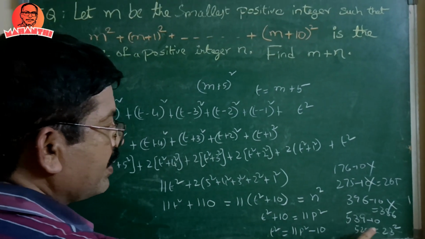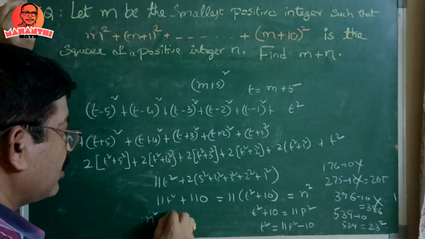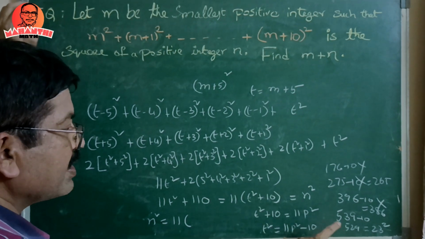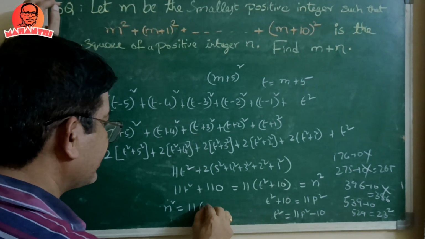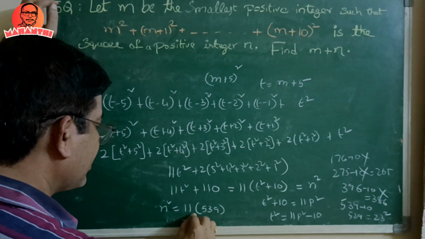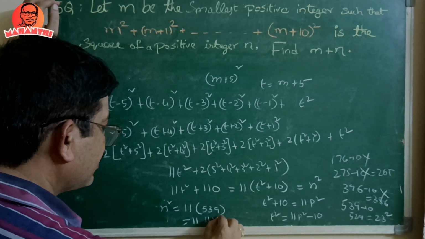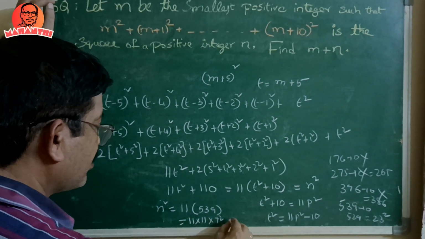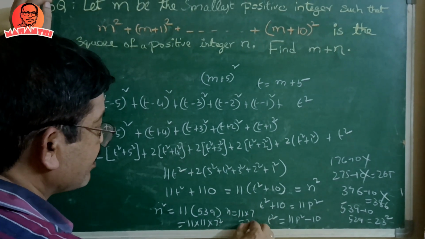So t² must be 23². So n² equal to 11 into t², that is 529 plus 10, 539. This is nothing but 11 into 49, that is 11 into 7². So n will be 11 into 7, that is 77.